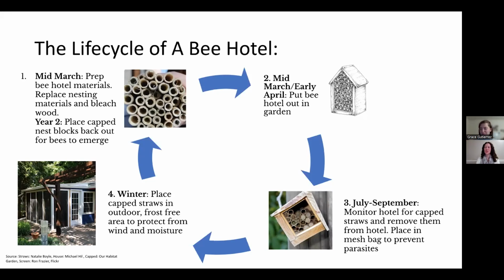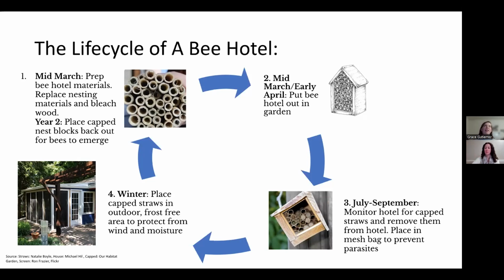Yes, that was. So just to summarize, it seems like the goal is to get the bee hotel out in time, like you're showing, for the females to work her magic and lay her eggs in the tubes. And then at that point, you're not going to get any bees emerging until the following year. So it's keeping track of those tubes until the following year when your new bees will emerge.